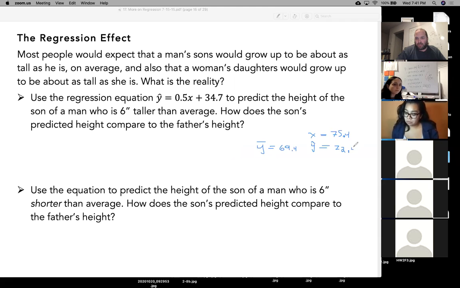And here, if x is equal to 6 inches shorter than average, what's 6 inches shorter than average? 69.4 minus 6, which is 63.4. If you plug that in, what do you get for y hat?